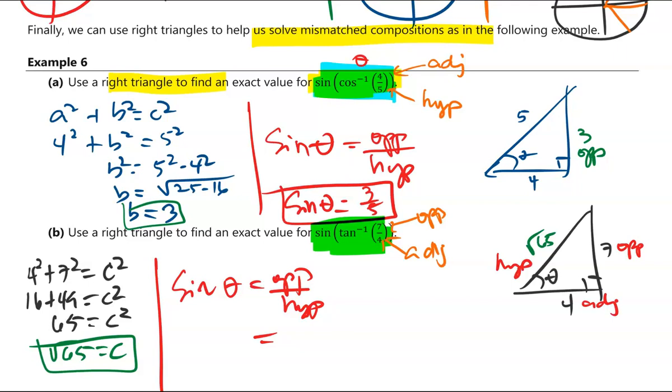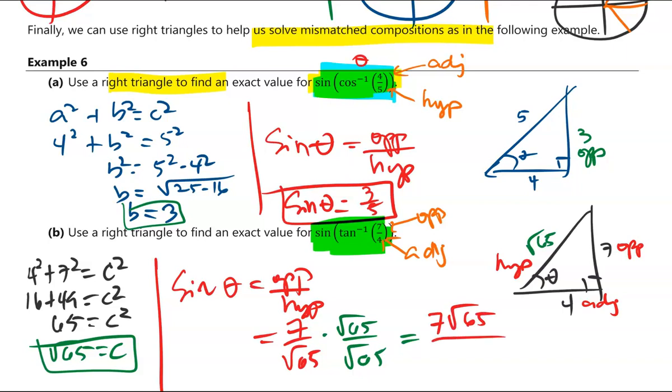So opposite over hypotenuse is 7 over square root of 65, and we can rationalize this denominator by multiplying by square root of 65 over square root of 65. Multiplying across, we get 7 square root of 65 over 65. So that is the answer.